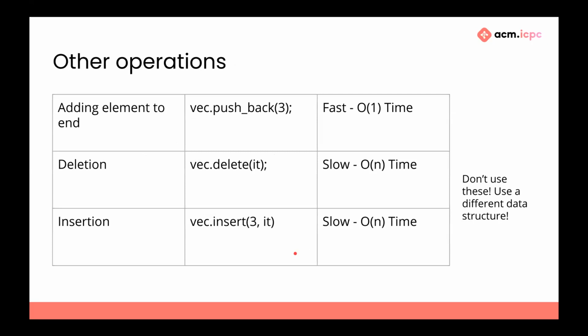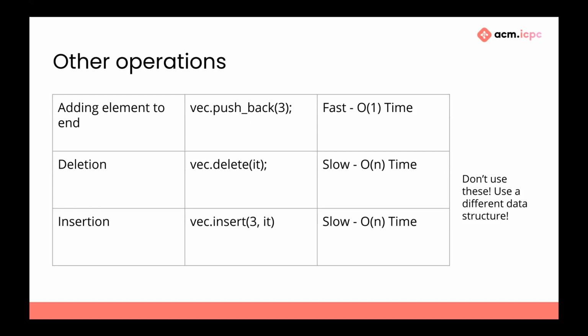Some other operations you can do with vectors is push_back, and this is actually used very often. What push_back does is add an element to the end of a vector and at the same time increase the size of the vector by 1. For example, if you had a vector of size 5 and you did push_back 3, that would create a new vector of size 6 and add 3 at the end.